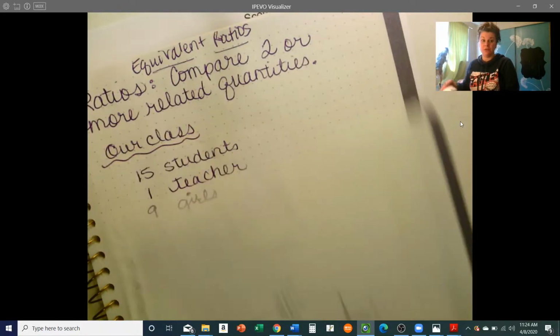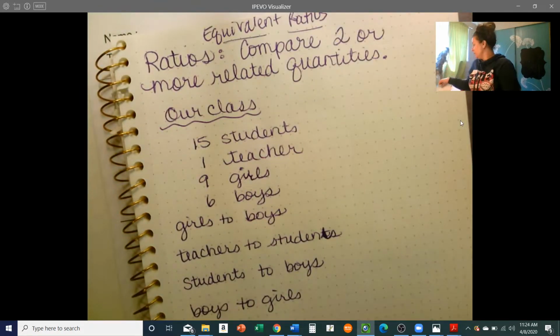Ratios are also used when we're looking at statistics of things, like right now there's a lot of stuff about the coronavirus where they're giving data compared to each other. So maybe the number of cases in Oregon next to the number of cases in Washington.